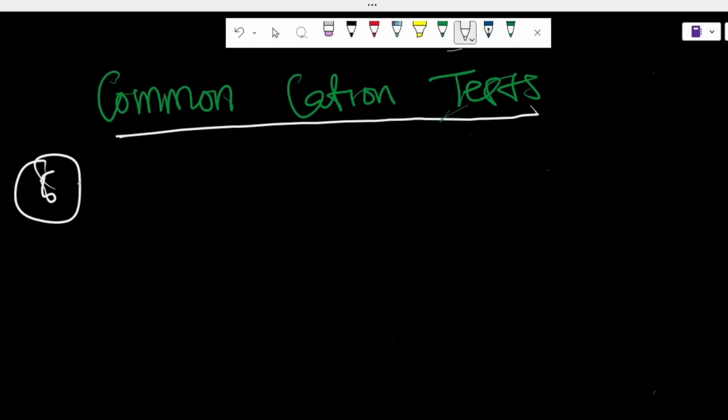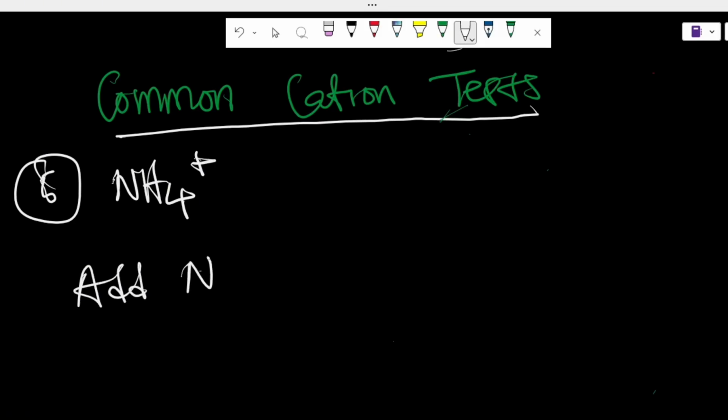Now, the fifth cation that we can look at is actually ammonium ions. So, as usual, you add sodium hydroxide, but this time you also add some heat.